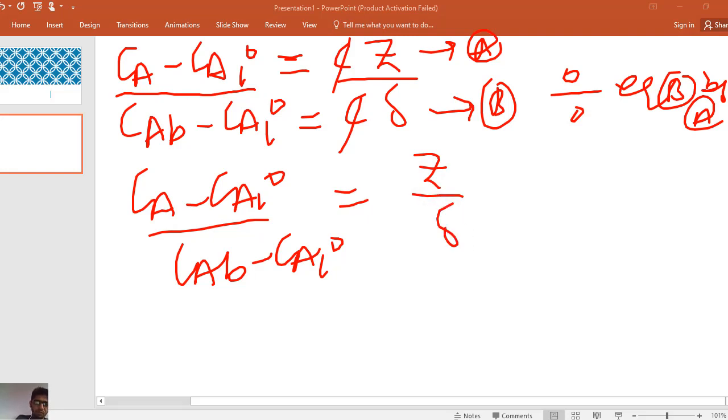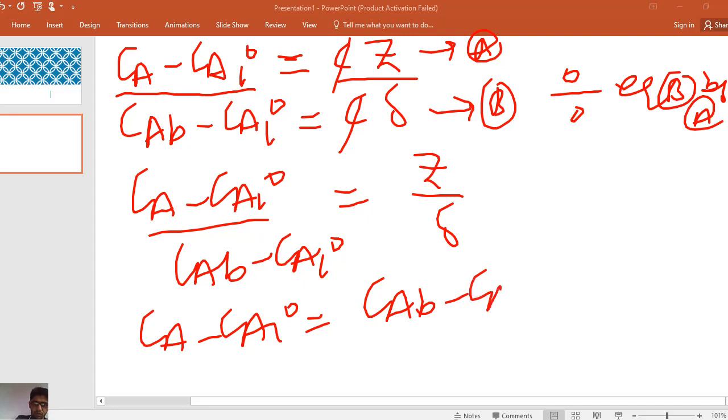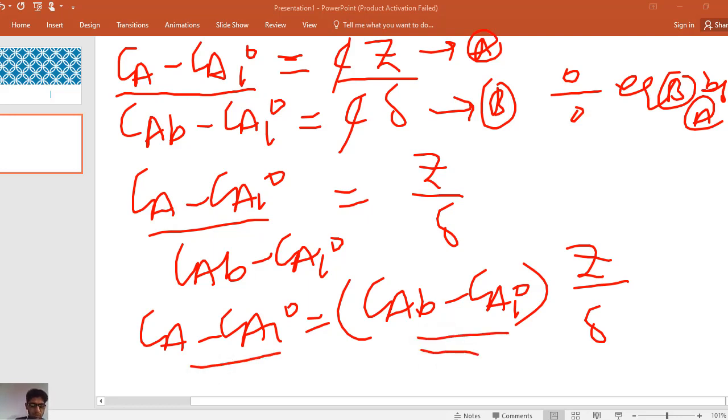Further simplifying, CA minus CAI is equal to CAB minus CAI into Z divided by sigma. So this is a linear equation.